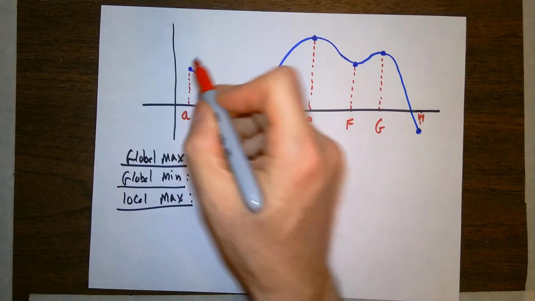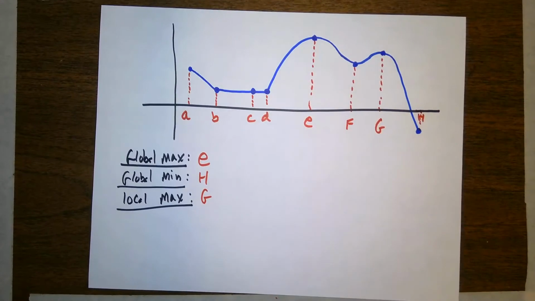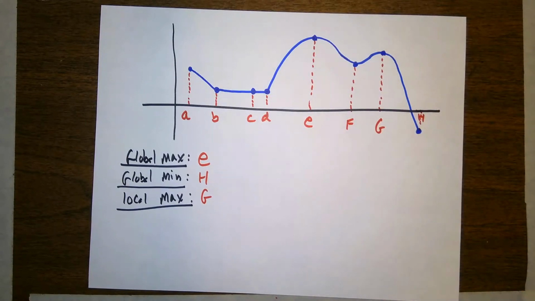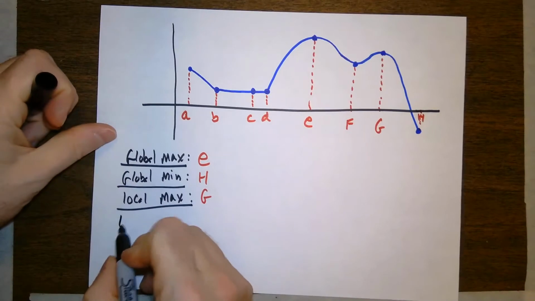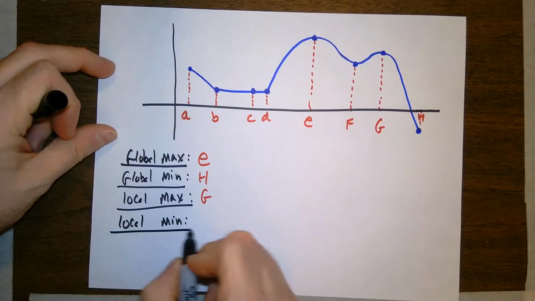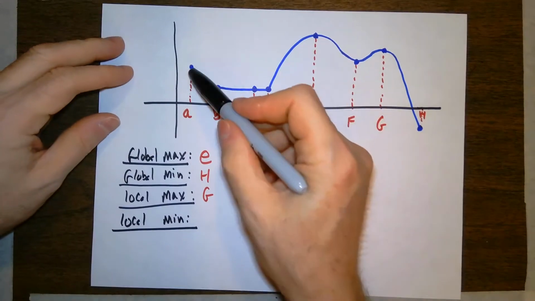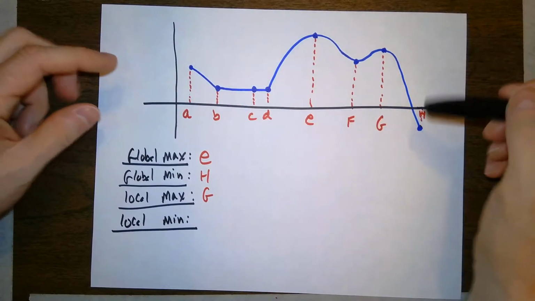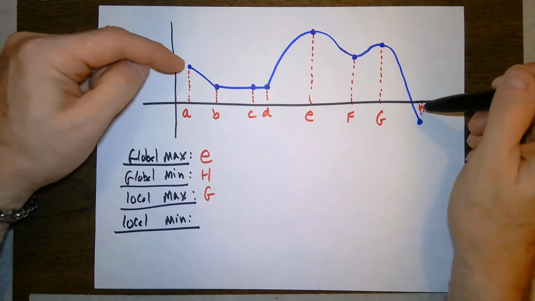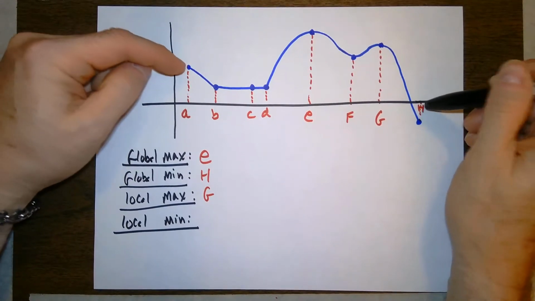It's an endpoint, so it certainly isn't a local maximum or minimum. I think the only local max that I have is point G. How about local min? Why isn't A a local max? Well, the endpoints can be global maxes or mins, but they cannot be local maxes or mins.